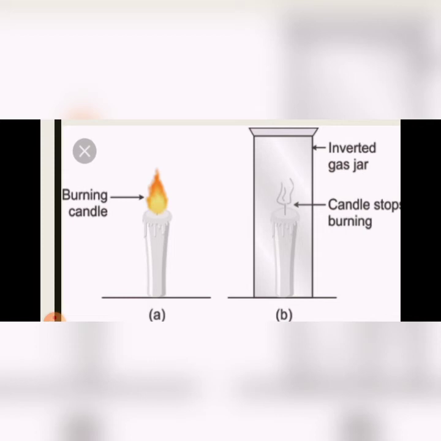Now no oxygen remains inside the gas jar, so the candle is not getting a supply of fresh oxygen from outside the gas jar. Thus the candle stops burning. This shows that for the burning process, a supply of oxygen is required.